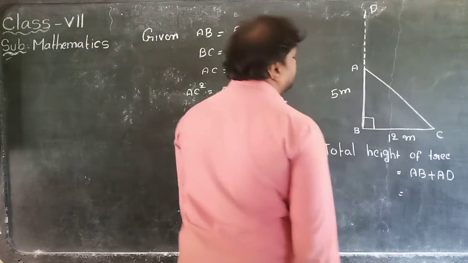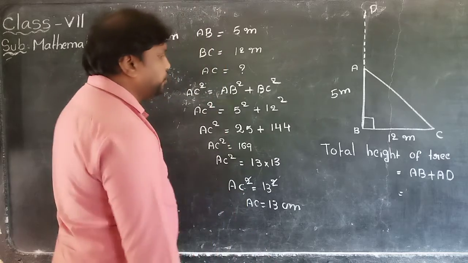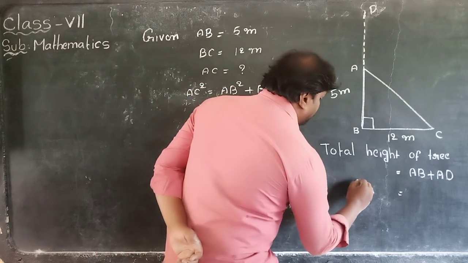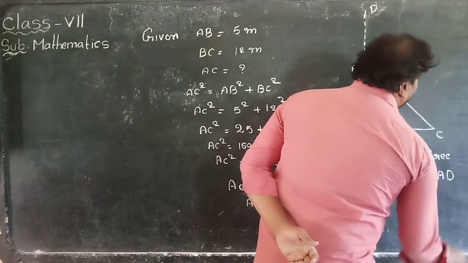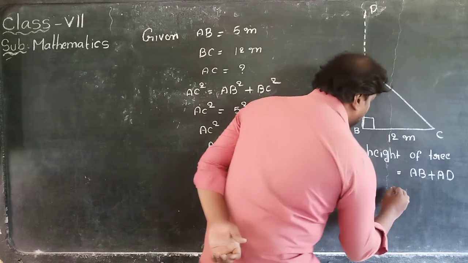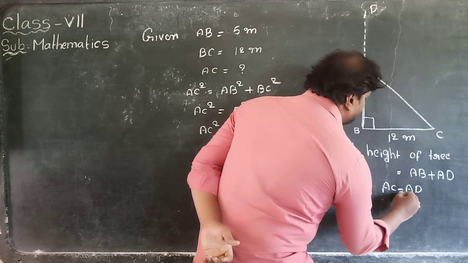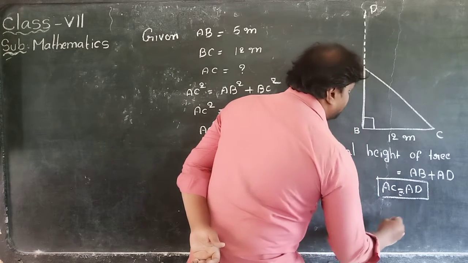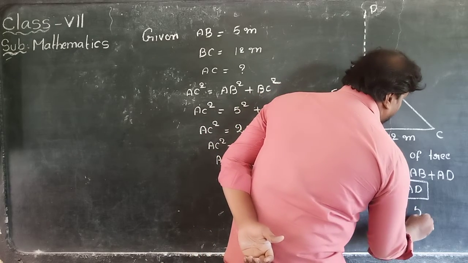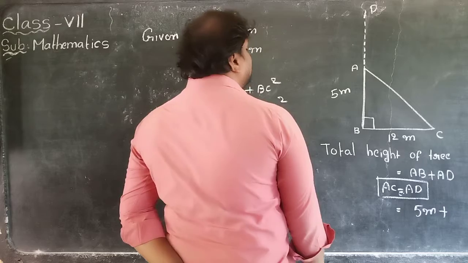AB plus AD. Here AC is equal to AD. We know AC is equal to AD. Why? Because it is the same part. AB is how much? 5 meters, plus AD or AC, how much?